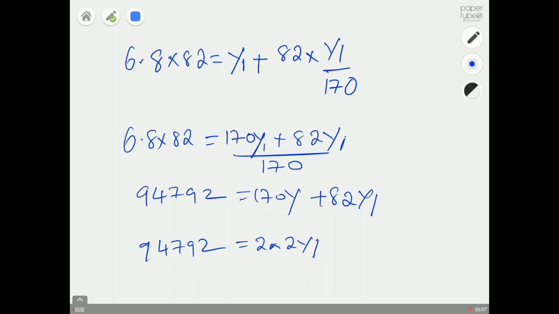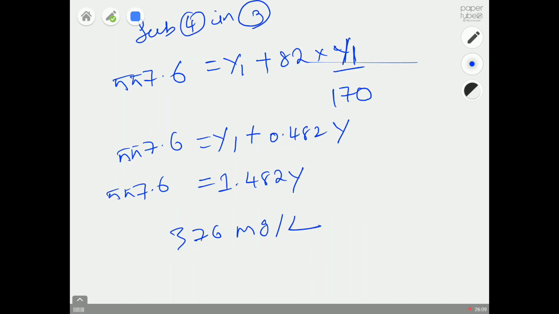No, I think the answer is correct. 376 milligrams per liter. I was a bit carried away by the small number in the feed solution. No, the answer is correct, because we were dealing with a very massive volume ratio, the ratio of your carrier liquid to solvent is really big.